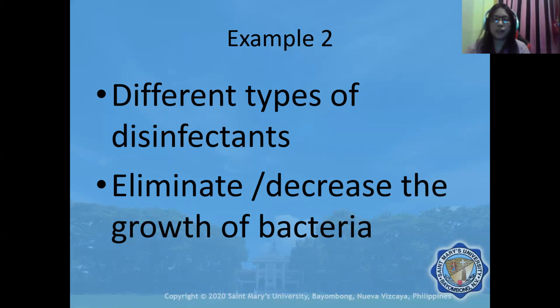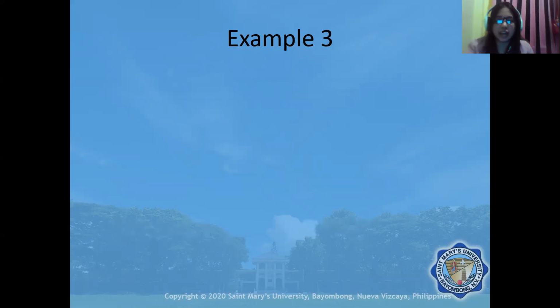But if the statement is that there is no significant effect on the growth of the bacteria, or the different types of disinfectant do not significantly affect the growth, the decrease, or the elimination of the growth of bacteria, that is again a statistical null hypothesis.